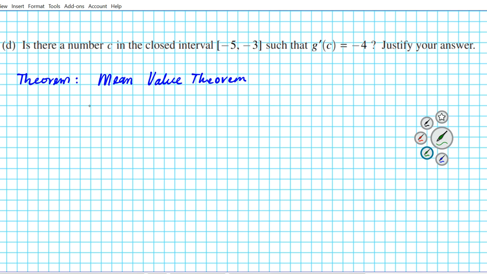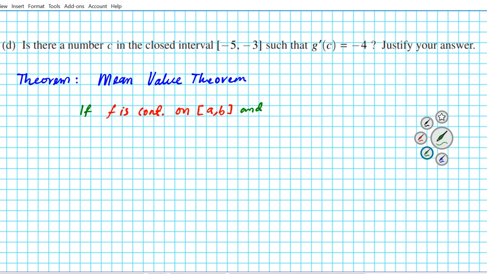So the mean value theorem is as follows. If you have the following, so the hypothesis is as follows. Condition 1, if f is continuous on a closed interval, let's say AB, that's the first part of the hypothesis.